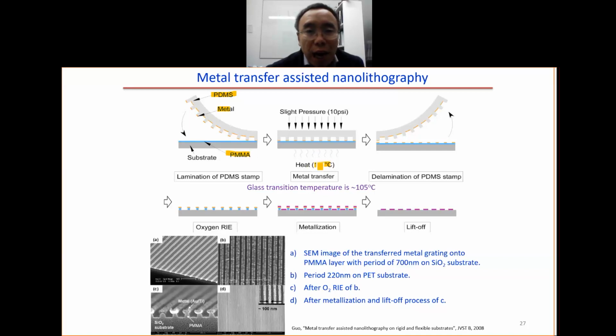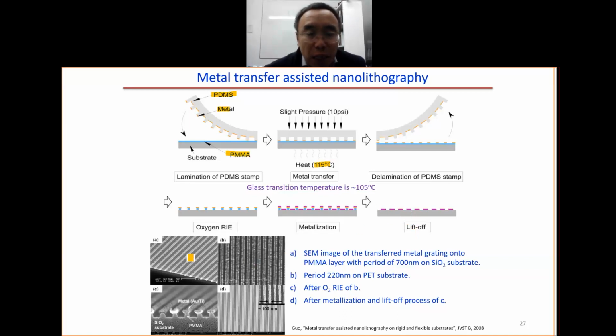This is higher than the glass transition temperature of the PMA, so the PMA will become very, very sticky. When it is sticky, you peel off, and the metal will stick onto the PMA. Then you use the metal as the mask to etch into the PMA. You deposit another metal, you do the lift off, and you get the pattern transferred to the other metal.